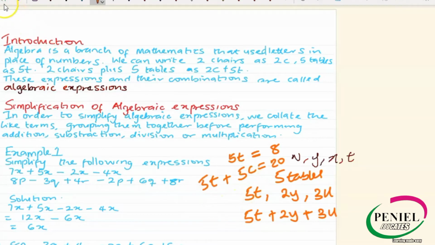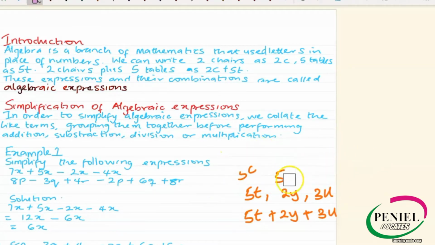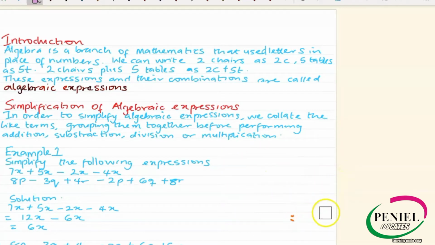Okay, so let us look at simplification of algebraic expressions. How do we simplify algebraic expressions? Like I said before, for example, we talk about probably 3x, we talk about 7t, 2c, the chairs, and so on.